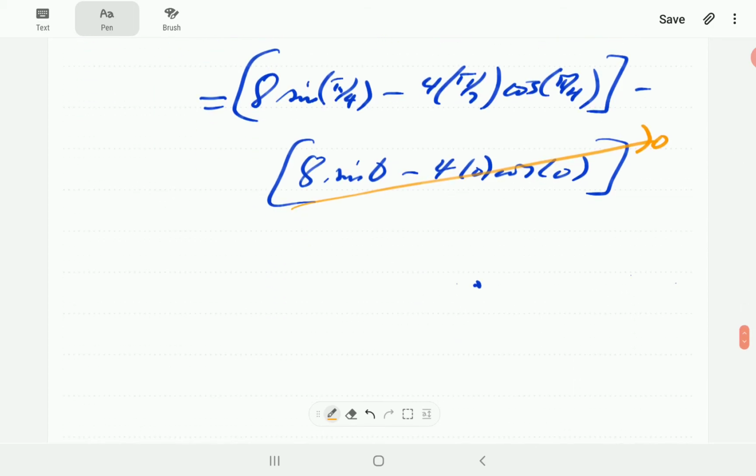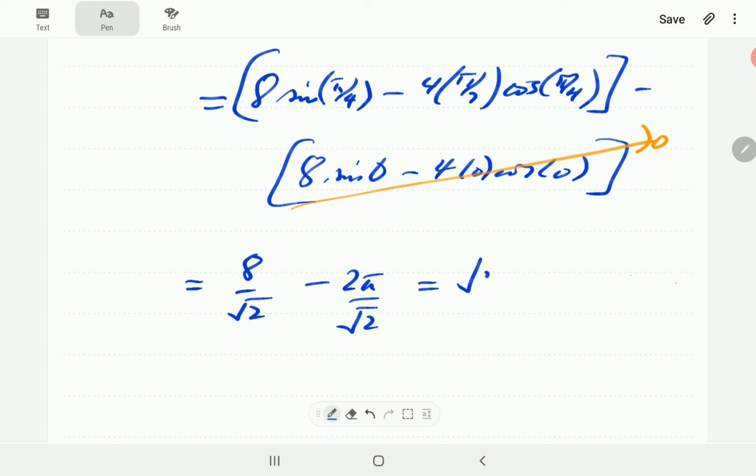And then the first term works out to, sine pi on 4 is 1 over root 2. Cosine pi on 4 is also 1 over root 2. So this is going to be 2 pi over root 2.